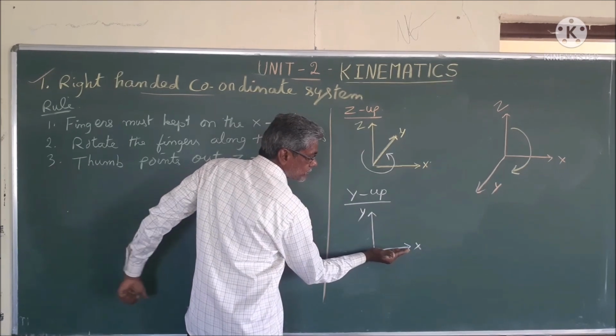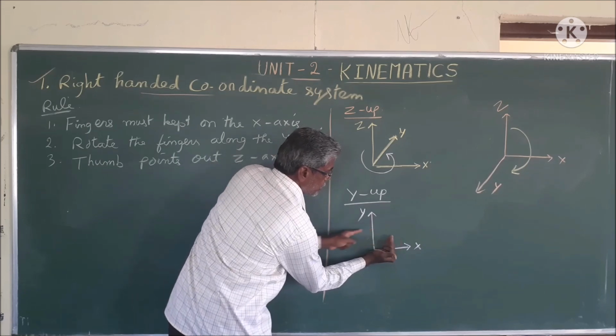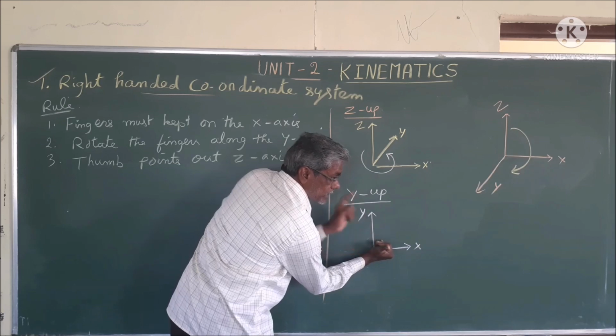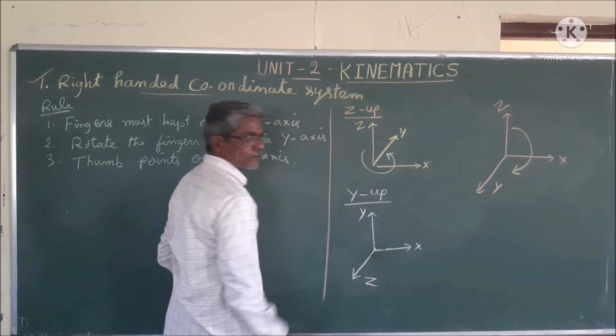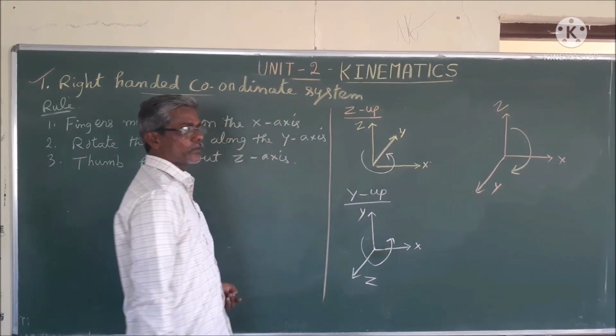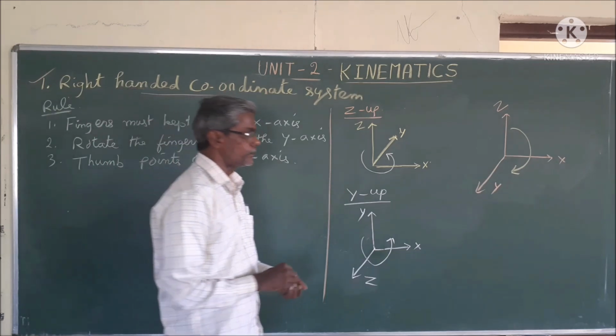Second rule, rotate the fingers. That will bring what? The y-axis. The thumb represents outside. The thumb represents the z-axis. So it will move in the anti-clockwise direction. So it is the right-handed coordinate system for y up.